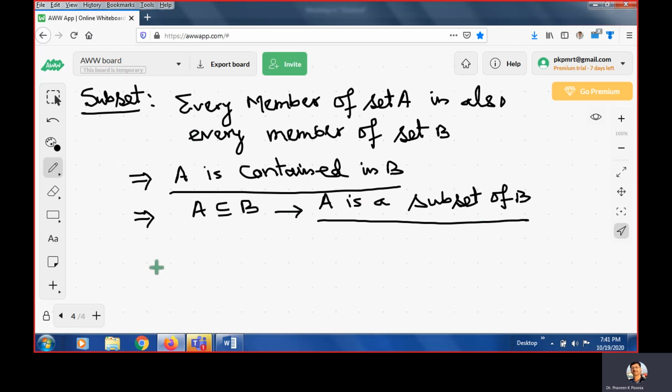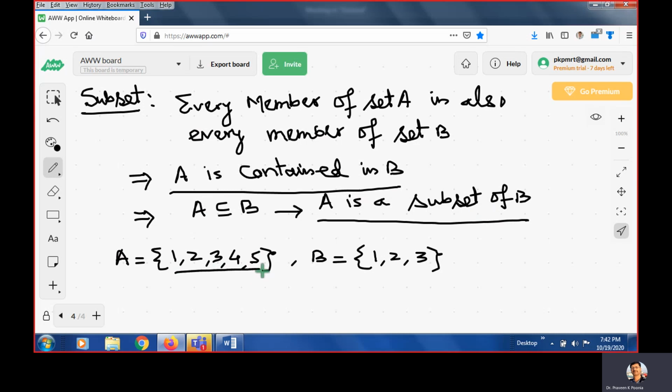So subset means, if I write one example here. If A is equal to 1, 2, 3, 4, 5. Clear? And B is equal to, now I am writing opposite, 1, 2, 3. Clear? You just see, here we have 5 elements. Here we have only 3 elements. So this is a big set.